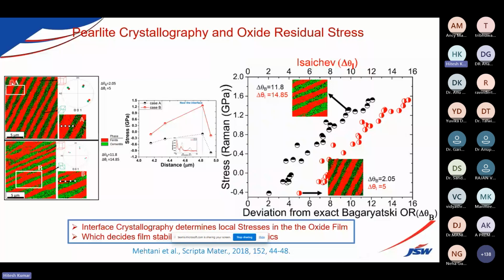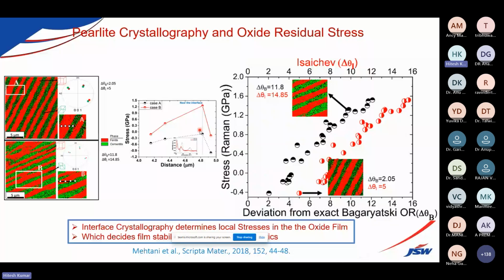What we observe: when the colonies are more aligned to the wire axis direction, the stresses are quite low at the cementite phase.